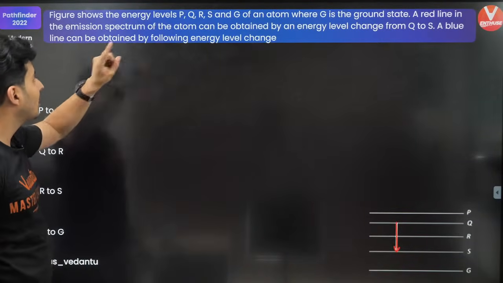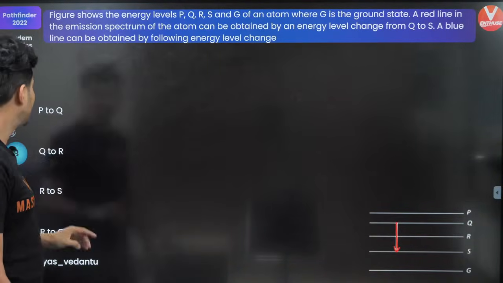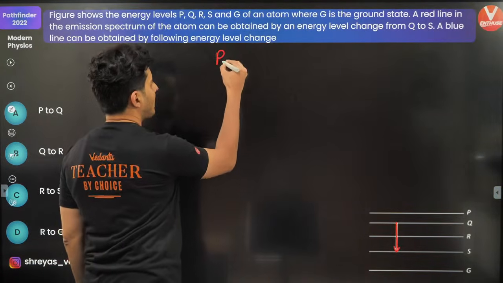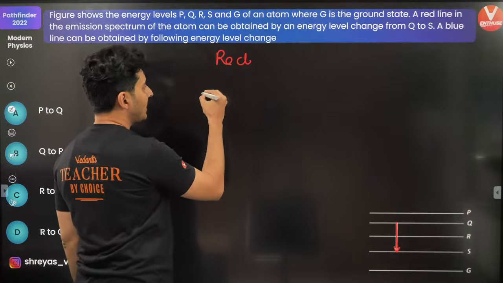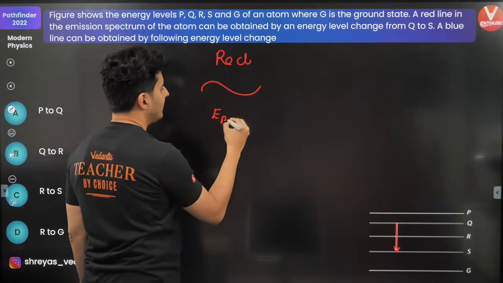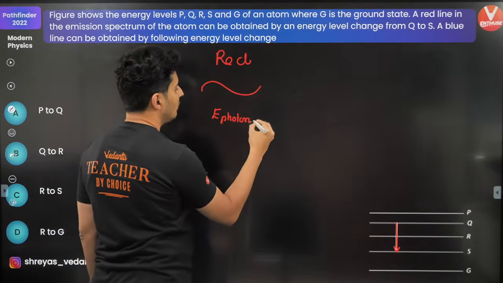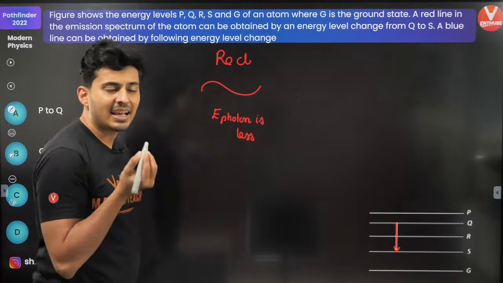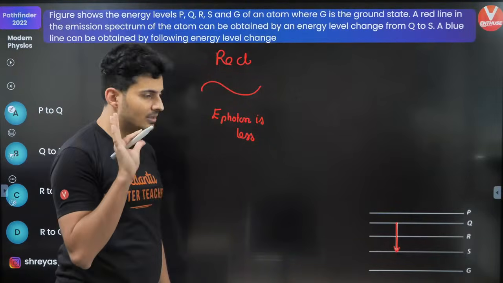So a blue line can be obtained for which energy change? Look at the options, you will get an idea. Now if you compare between red and blue, red has a long wavelength. That means the energy of the photon is less, because E is hc by lambda. Make sense?